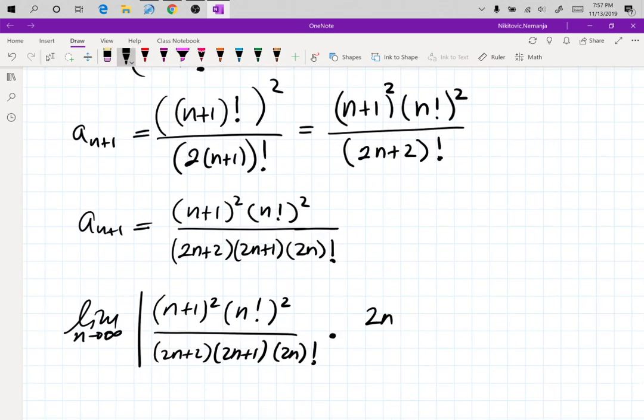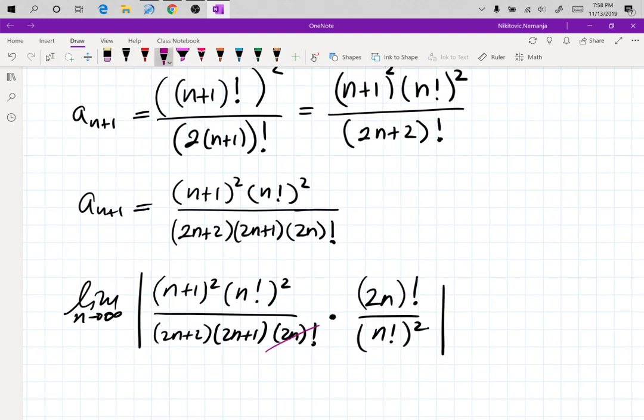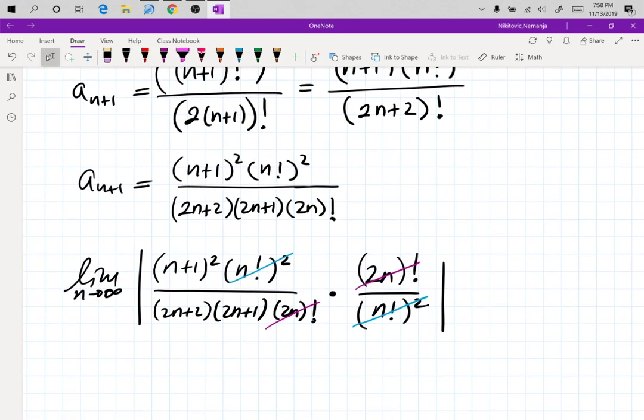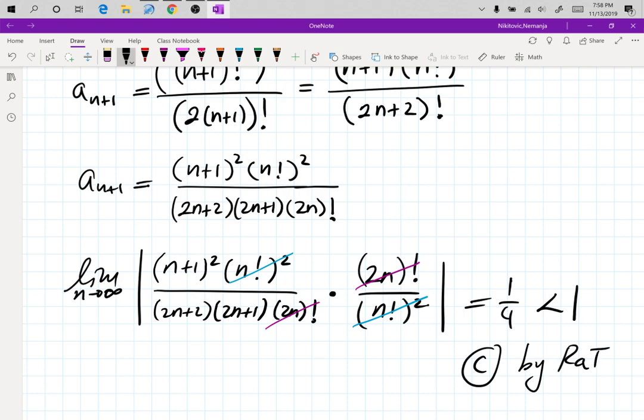I'm skipping a step of writing everything 15 times of n factorial everything squared. So now 2n factorial kills 2n factorial. N factorial squared kills n factorial squared. And I just have to deal with this, which is a quarter, which is less than 1, and converges by ratio. There we go.